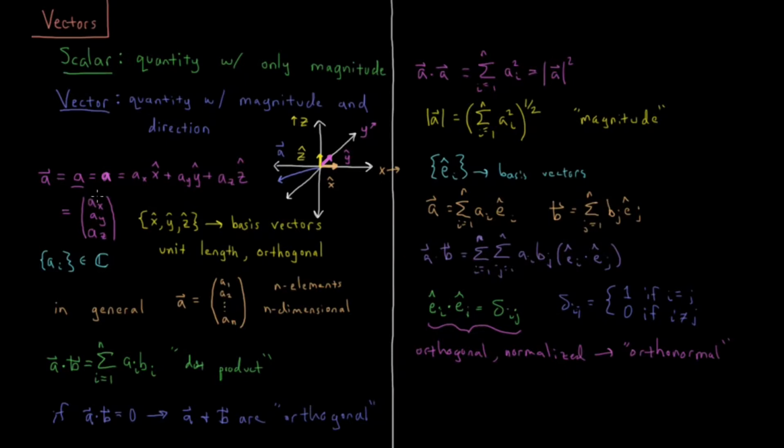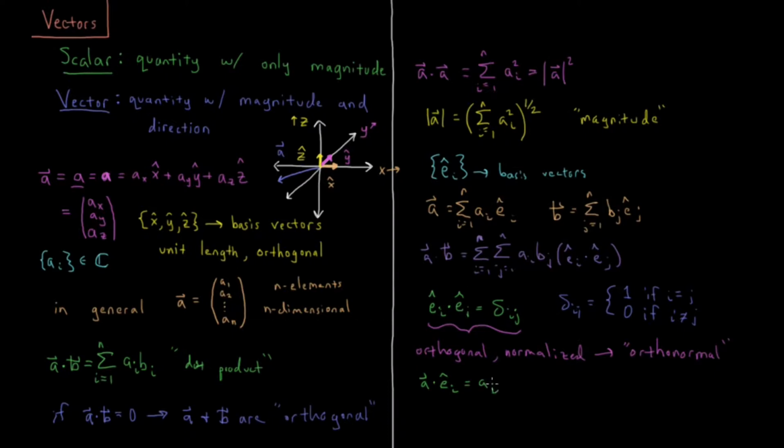What about these ax, ay, and az? How would we get those individual components for some arbitrary vector? If we look carefully at our definitions here, you might notice that if we take the vector a and dot it with the vector e hat i, we're going to get the value ai as a result.